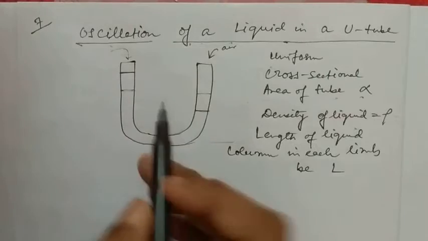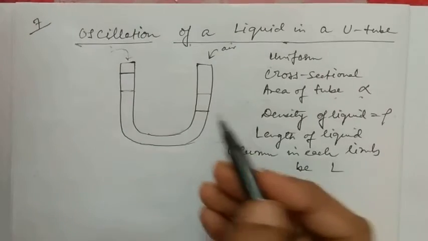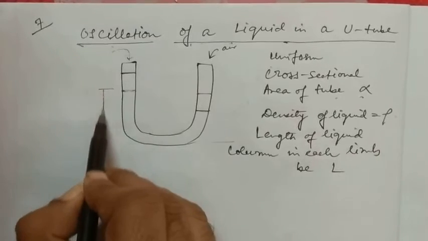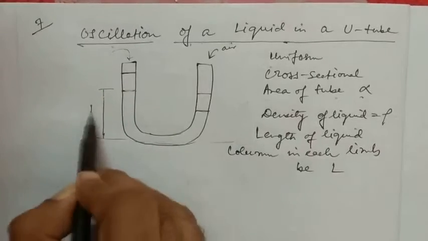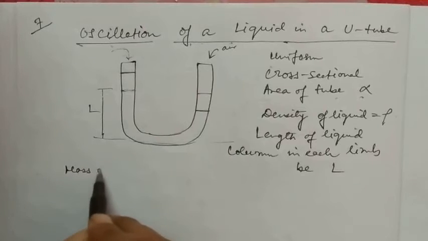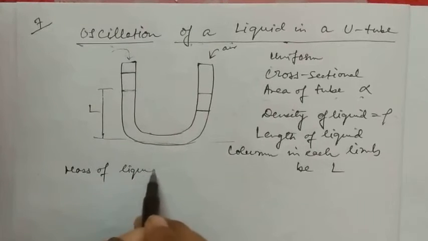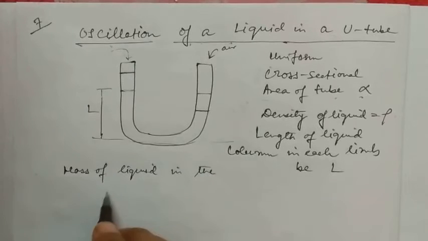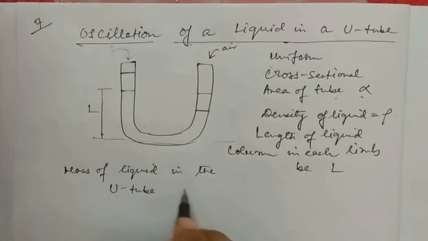Now the length of liquid in each limb at the beginning, we take this height to be L. Now we first try to find the total mass of liquid in the U-tube.